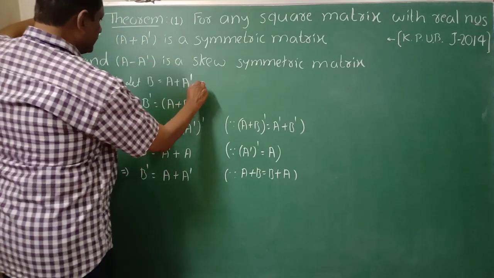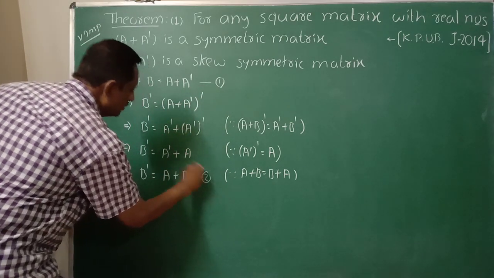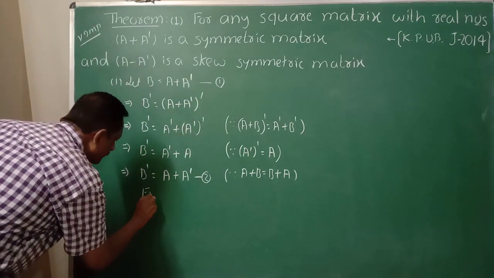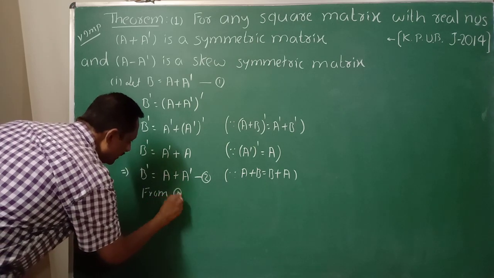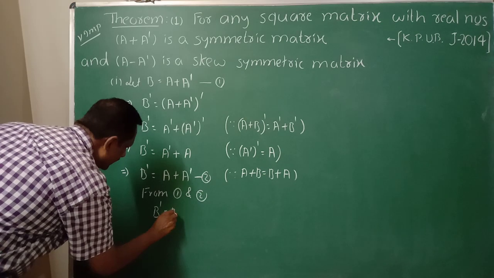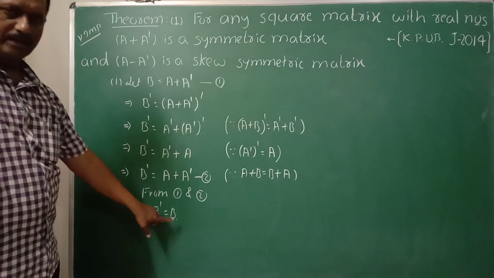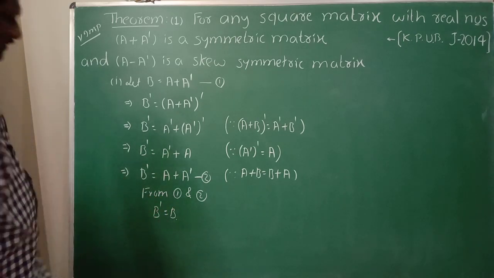Okay, so take result number 1 here and take here result number 2, from 1 and 2 here. From 1 and 2 you can write here B dash is equal to B. If B dash is equal to B, then obviously it is a symmetric matrix here.